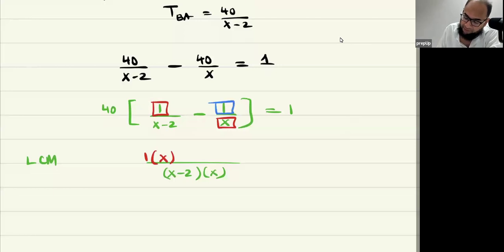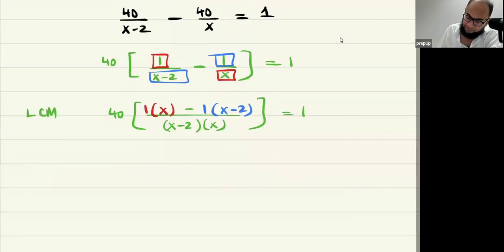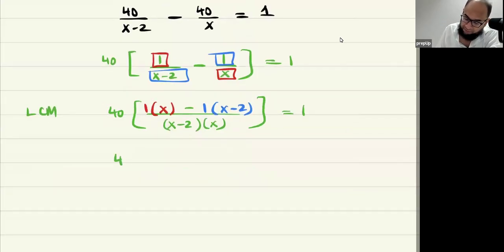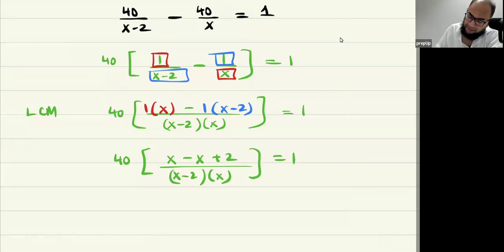This 1 multiplies with this x minus 2, this 1 into x minus 2. And then there is a minus sign in between. There is 40 over here, this equals to 1. So 40 x minus x plus 2 over x minus 2 into x equals to 1.